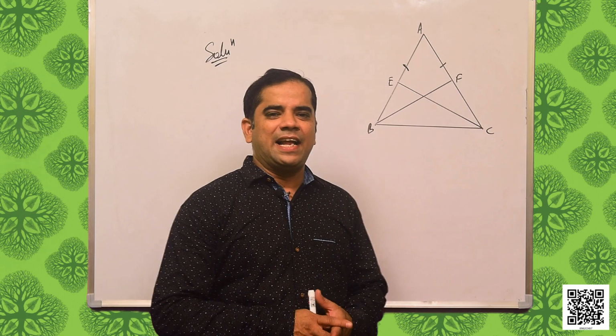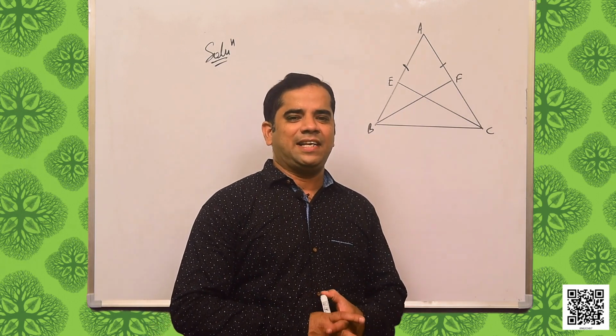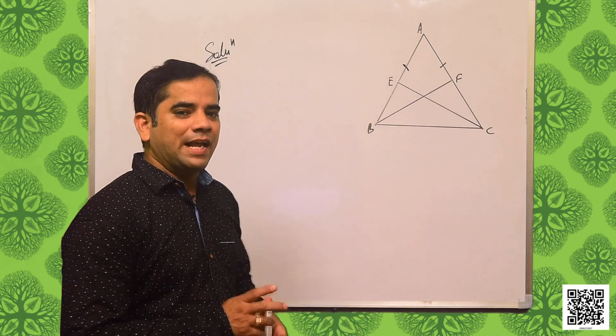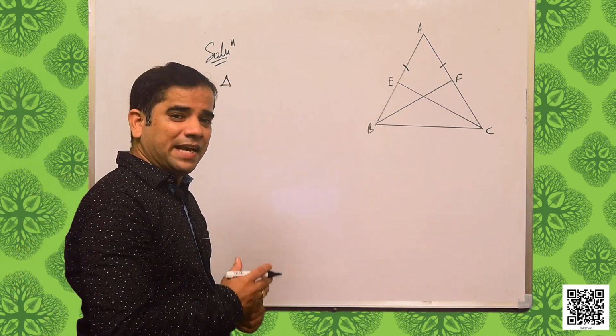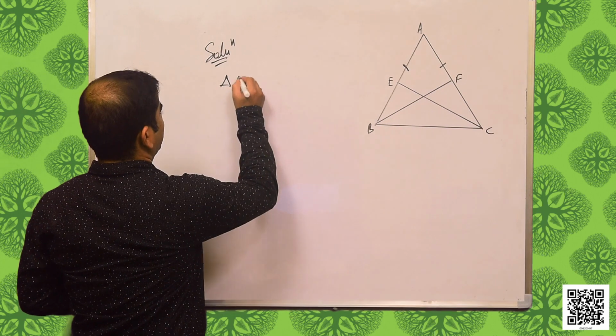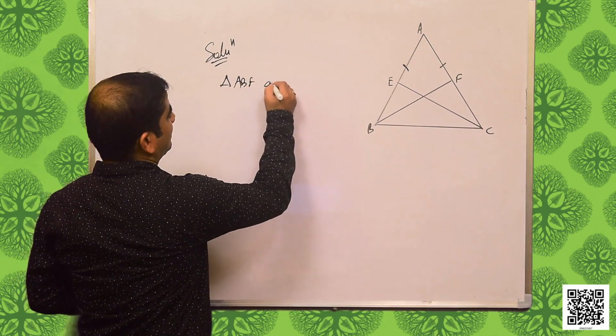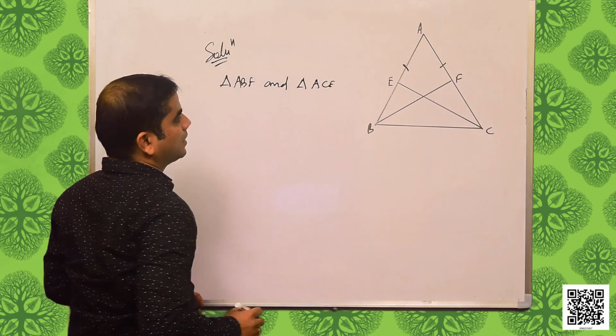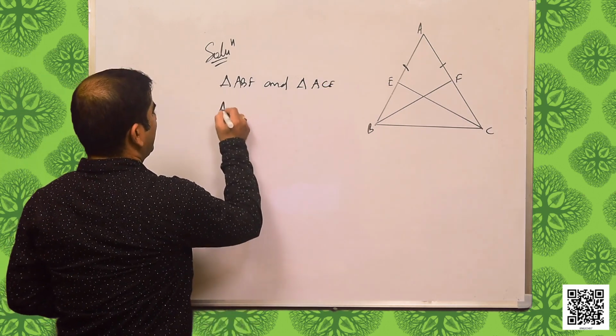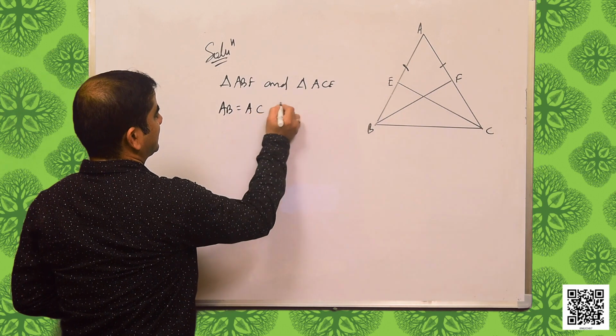So, in triangle ABF and triangle ACE, what is given? AB is equal to AC. It is given.